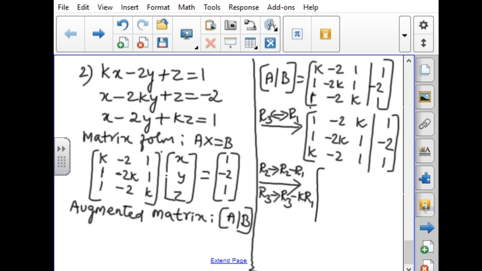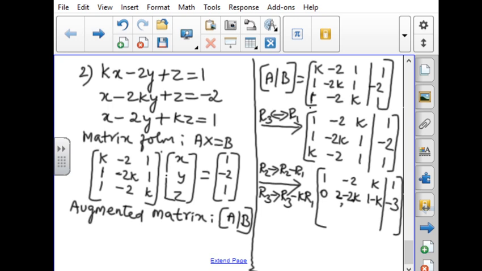Now we apply these two operations. Row 1 is 1, minus 2, k, 1. Next we subtract row 1 from row 2: 1 minus 1 becomes 0, minus 2k plus 2, so 2 minus 2k, then 1 minus k, and next minus 2 minus 1, it is minus 3.